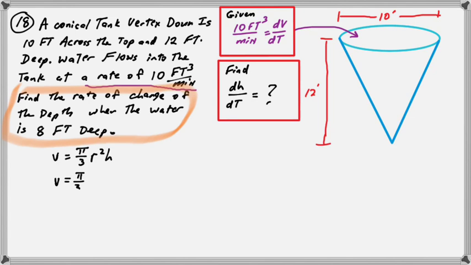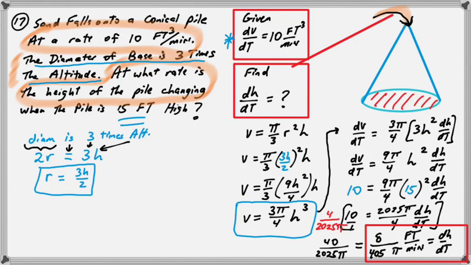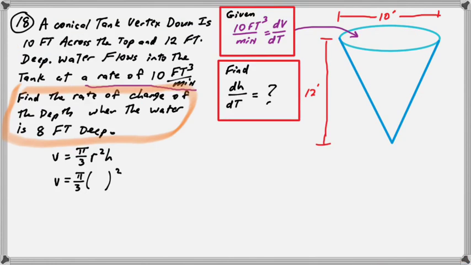So I might have to use a secondary equation just like I did on this one. Here was my secondary equation on 17. I might have to use a secondary equation to make it into the two variables that I need. Now, as it's filling up, it has a water level.